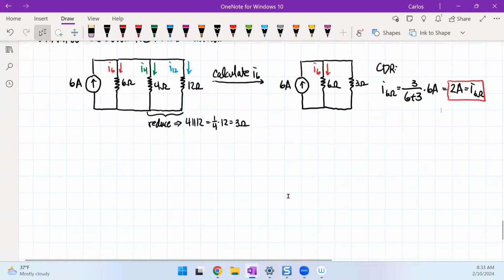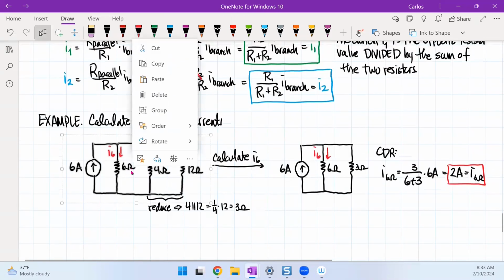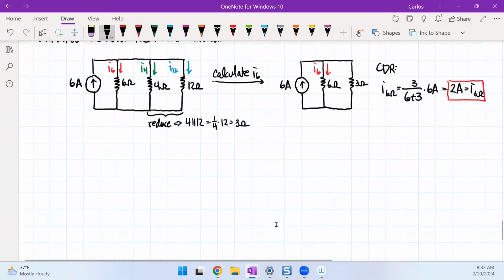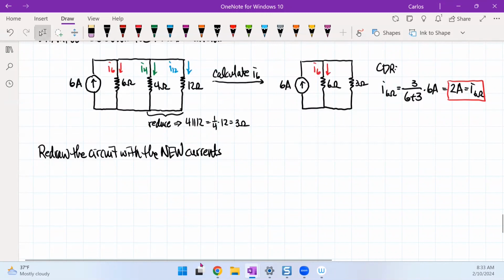So if I look at this thing, we can keep playing the same game. Now, how about if I copy this and bring this down? Oops. And I want to redraw the circuit with the newly calculated current.